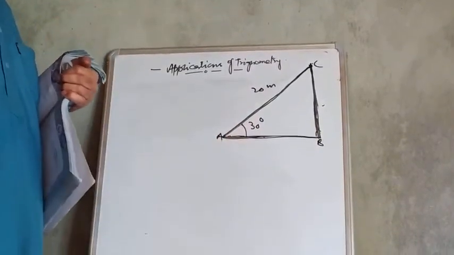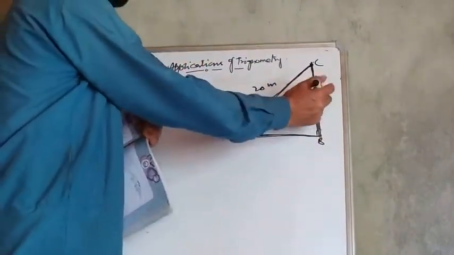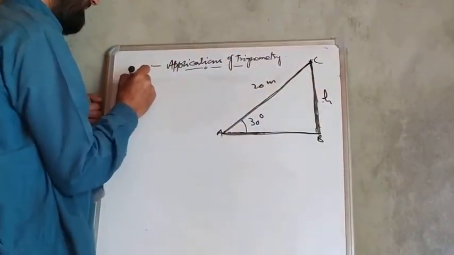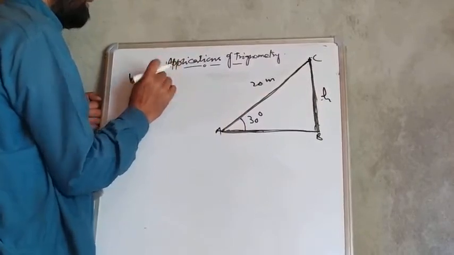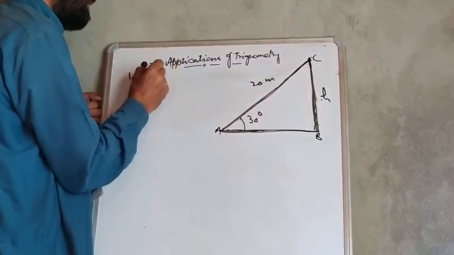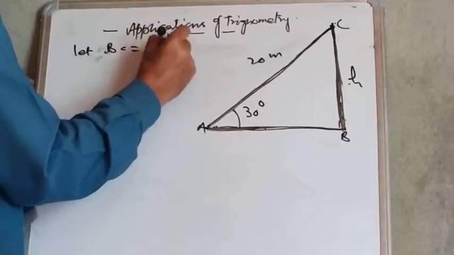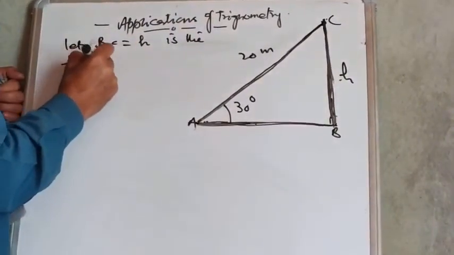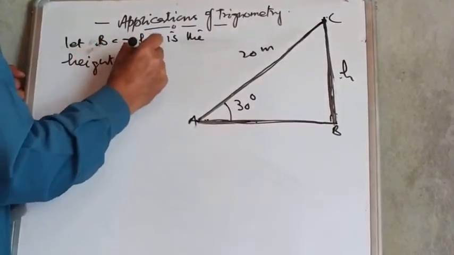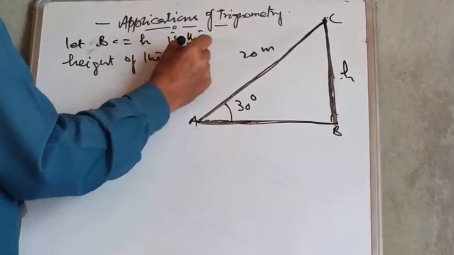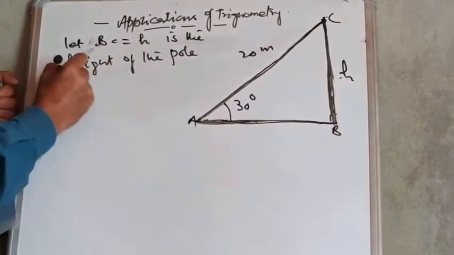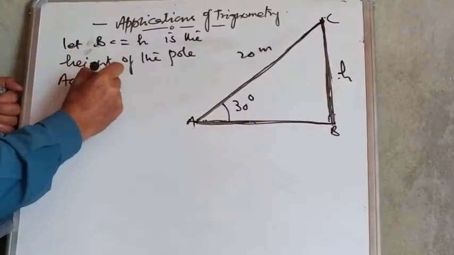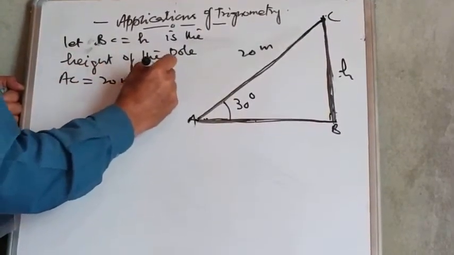Now this is very simple. You have to find the height of this pole. Again, let BC is equal to H meters, the height of the pole, and AB, you know, this is the horizontal line, and AC is equal to 20 meters, the length of the rope.